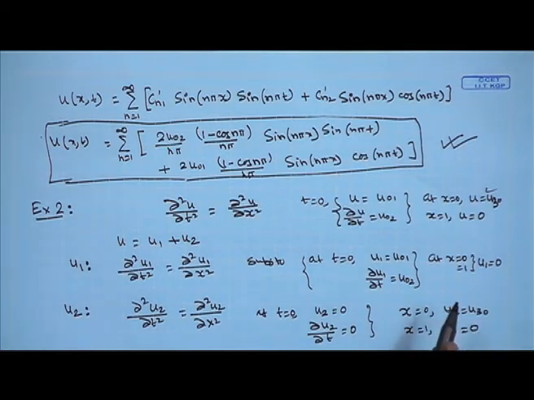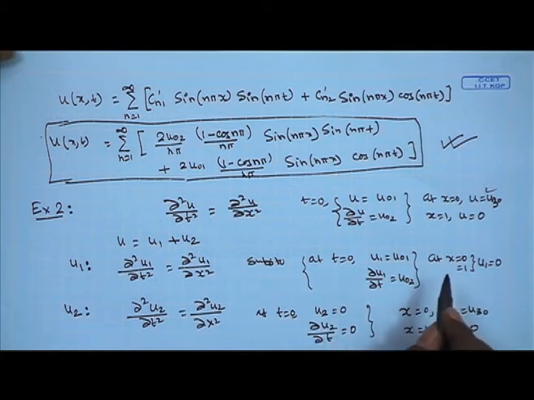So, I will be considering one non-homogeneity at a time. Therefore, we can say that u2 is equal to 0 and del u2 del t equal to 0.